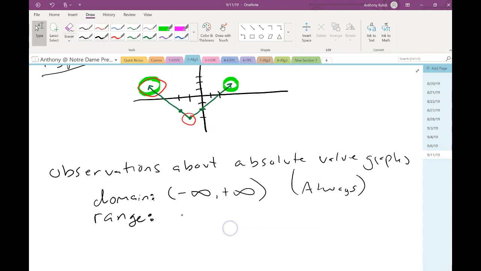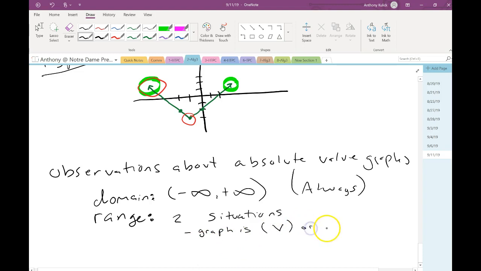So what we have is two situations for the range. We'll have a situation where the graph is a V, or the situation where the graph is a wedge.